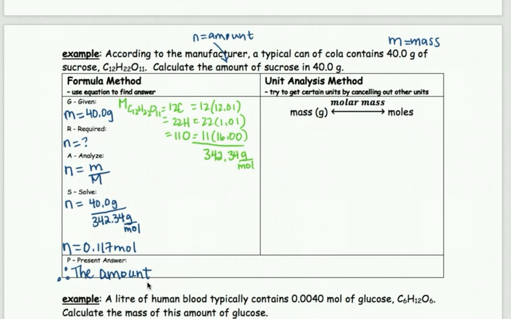So sometimes I might say the moles of the substance, so I could say that as well, but amount is the key word as well. Okay, the amount of sucrose was 0.117 moles.